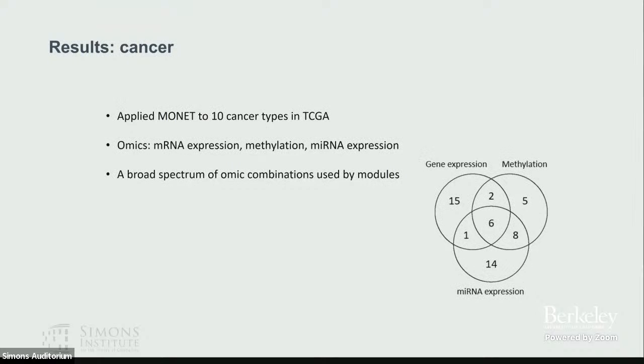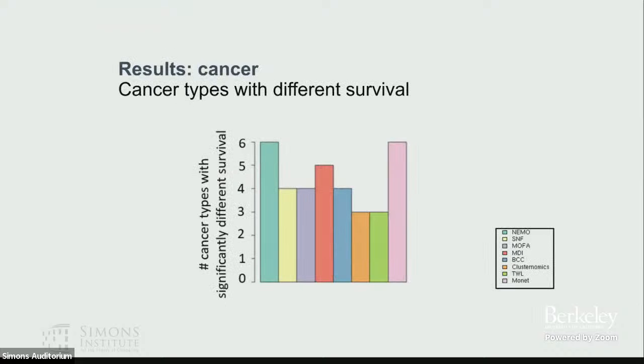So we apply this to the same 10 cancer types. And what you can see here is the set of omics that were included in all the clusters of all samples. There were relatively few where all three omics were included. There were some where a single omic was best, and a few where a pair of omics turned out to be beneficial. So indeed, very different from the clustering that we saw before.